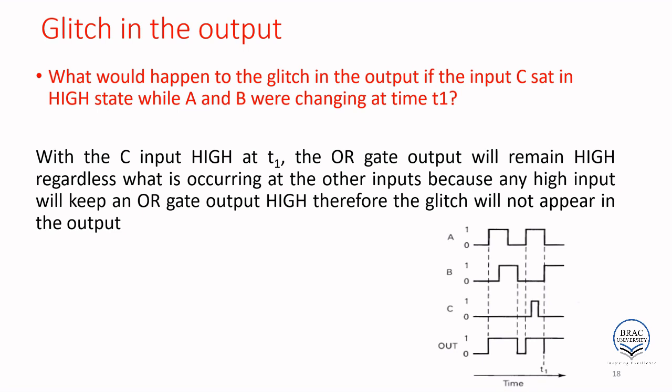With the C input high at T1, the OR gate output will remain high regardless of what is occurring at the other inputs, because any high input will keep an OR gate output high. Therefore, the glitch will not appear in the output. So it doesn't really have any impact. The output will be the same as previous.